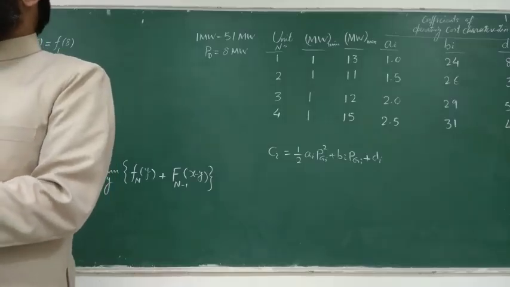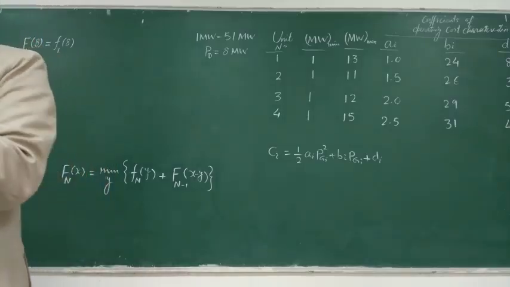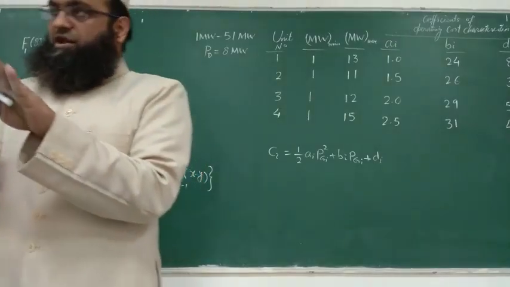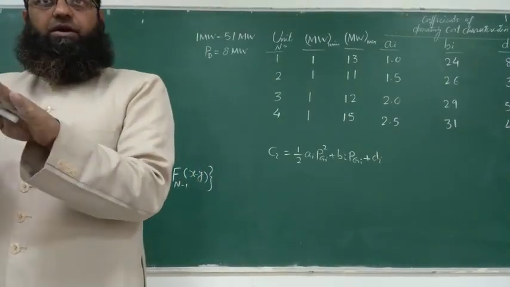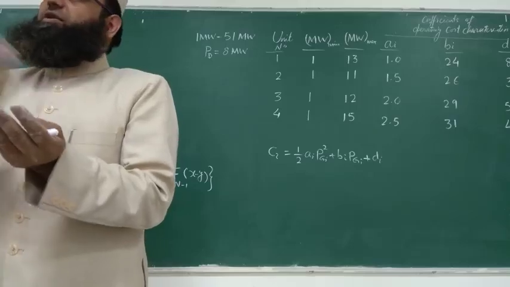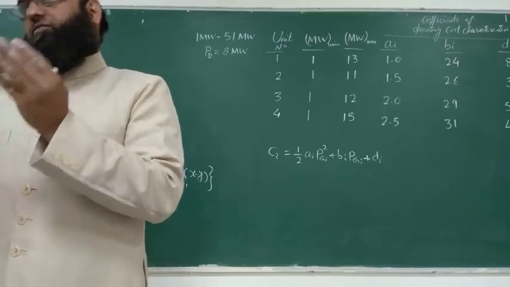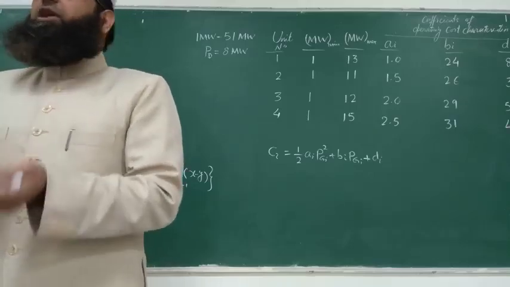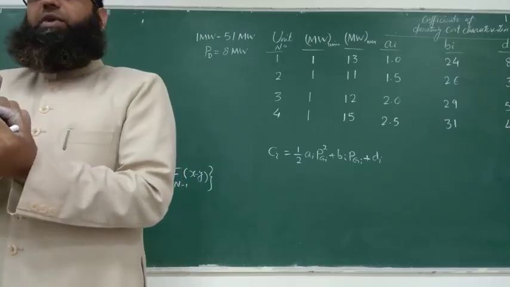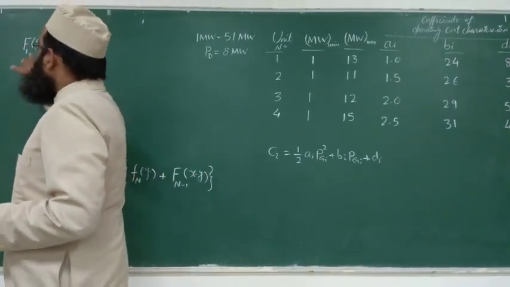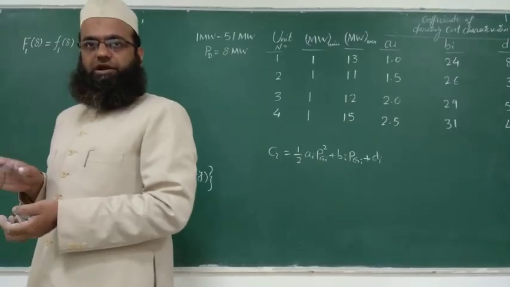If units are more than 1, then we can select. If 2 units are operating to meet 8 megawatt, it means lots of combinations will be there. Unit 1 may be loaded at 2 megawatt, this 6 megawatt, this may be 3 megawatt, this 5 megawatt, like that. But if the unit is 1 only, then small f and capital F will be the same, is it not? Is it clear to you?